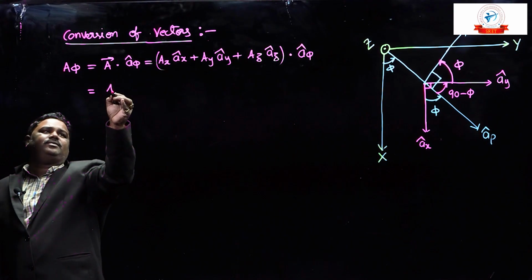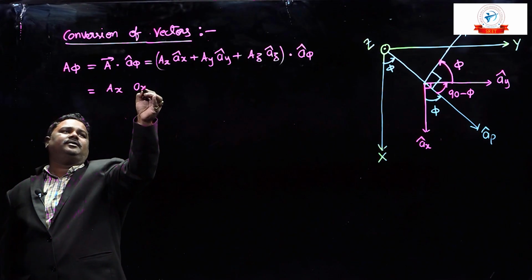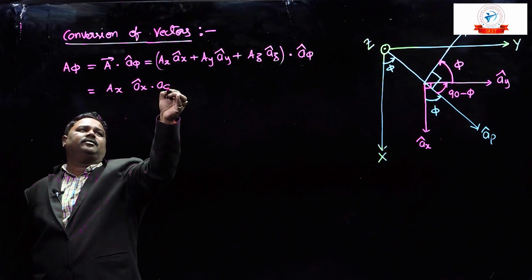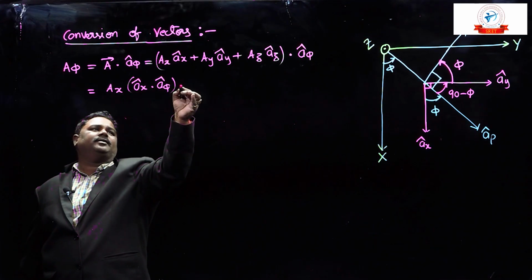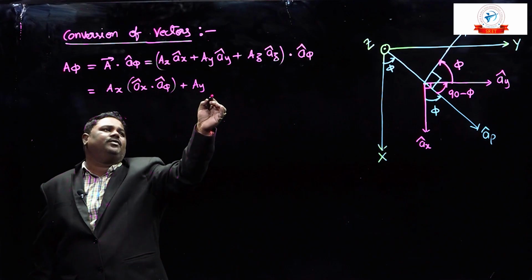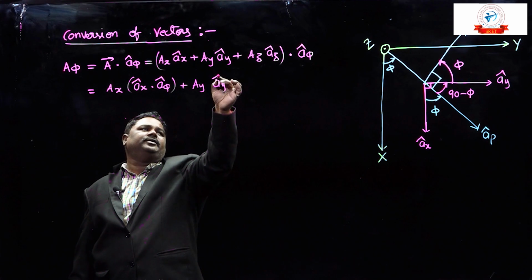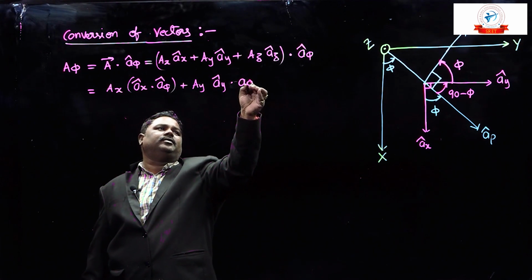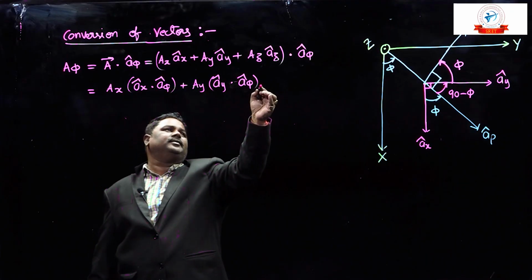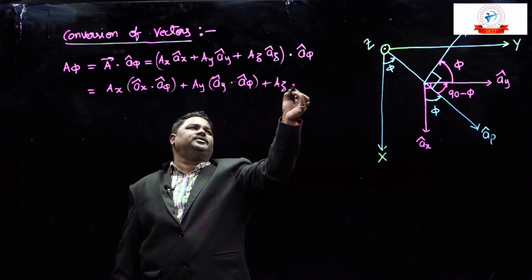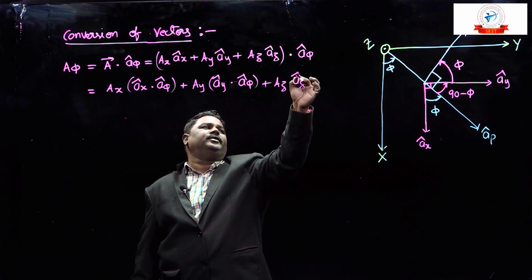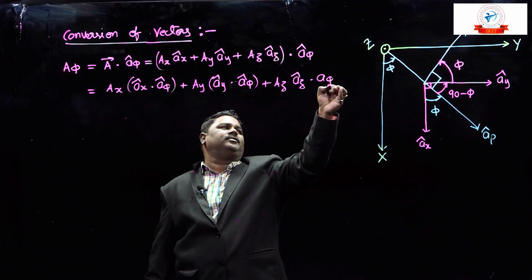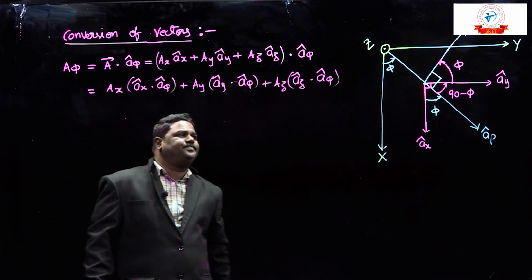Then it is equal to x component into ax cap dot a phi cap plus y component into ay cap dot a phi cap plus z component into az cap dot a phi cap.